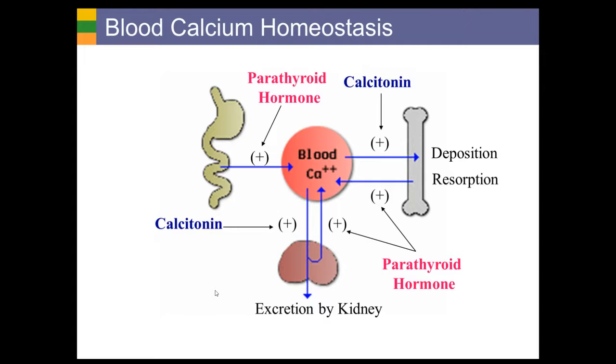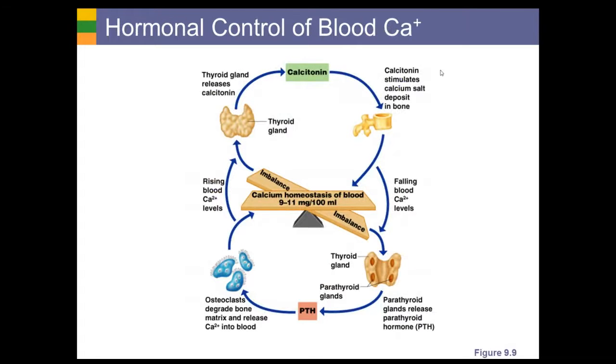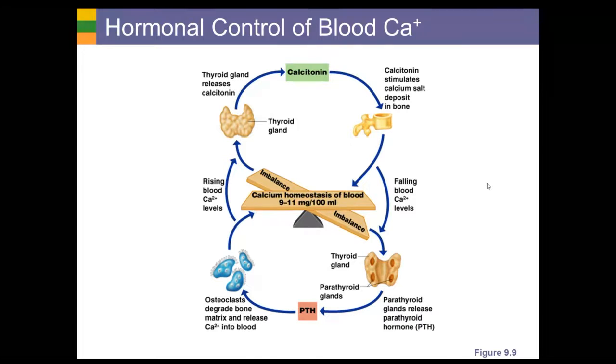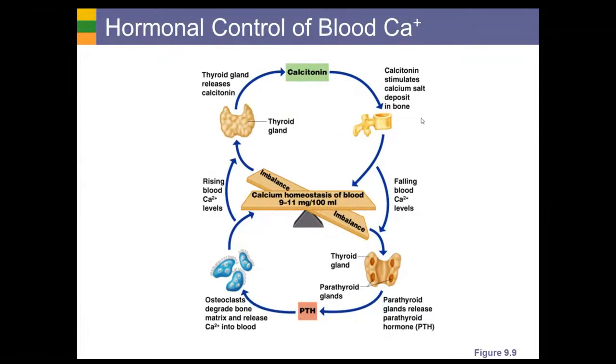So that's a way you can remember. This figure here, much like the figure on blood glucose homeostasis, is great for making sure you understand the role that calcitonin and parathyroid hormone play in maintaining blood calcium levels.